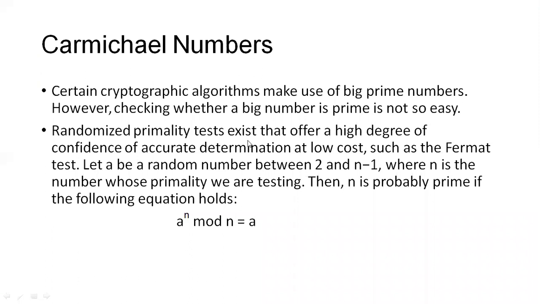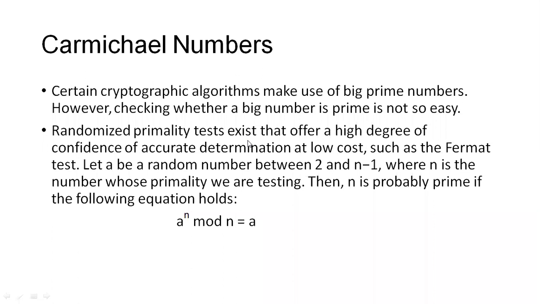So randomized primality tests exist that offer a high degree of confidence of accurate determination. To determine whether a big number is prime or not, a randomized primality test is available.